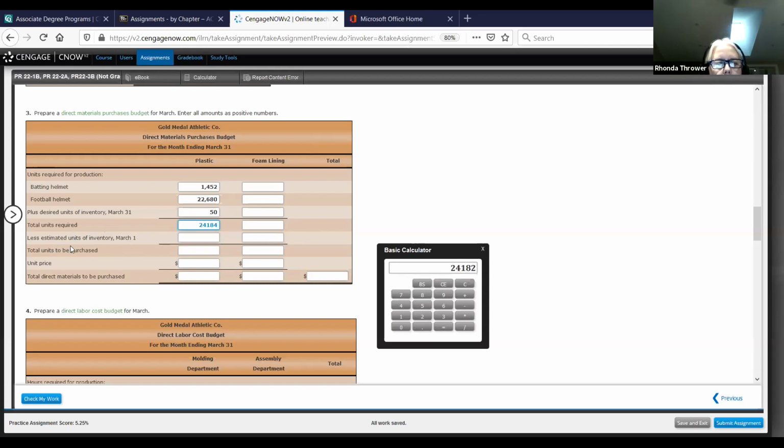But notice right underneath this, they're hoping that they'll have some inventory left over from the beginning of the period. And so what we have to do is look at the March 1st number of units that we have in inventory for our plastic.